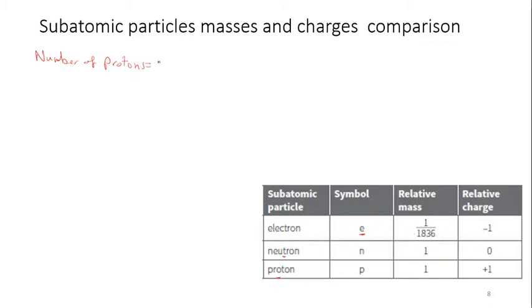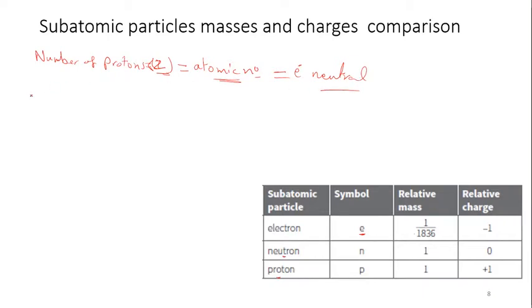We name them Z, and this number of protons is actually called the atomic number. The number of protons, the atomic number, is equal to the number of electrons in a neutral atom.